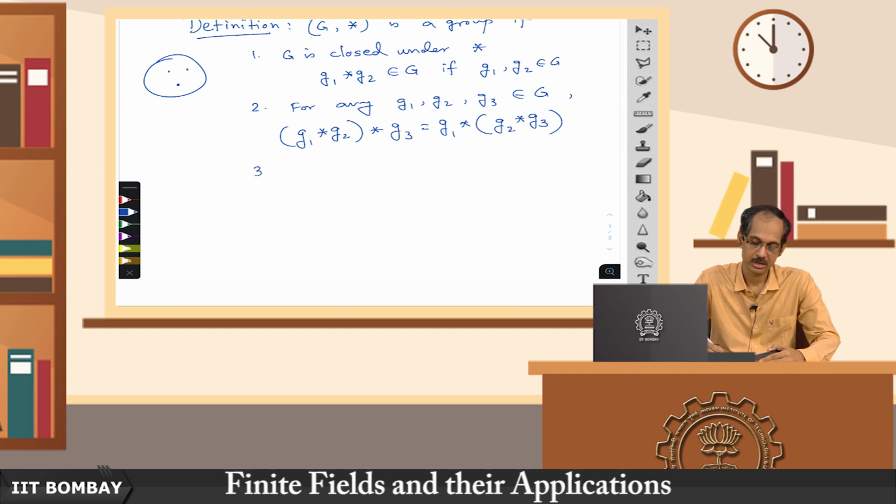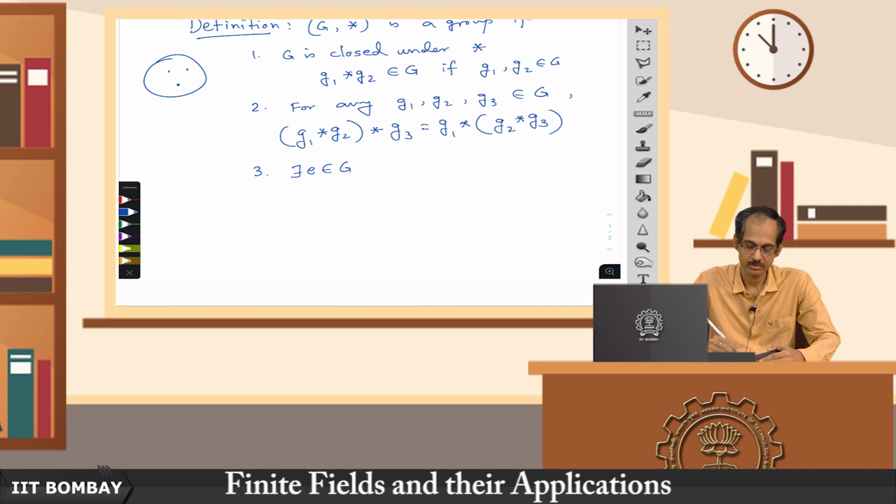Now, the third property is that there is an identity element. There exists an element called the identity element, denoted by E, or E_G to be specific.